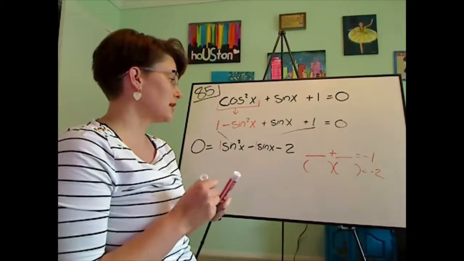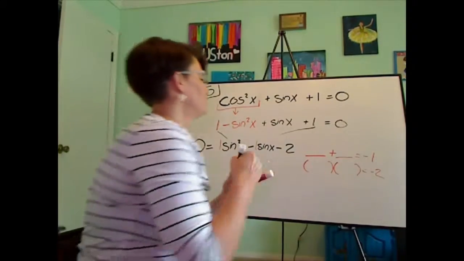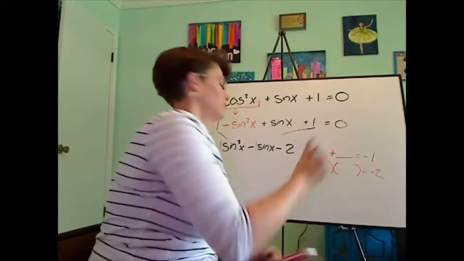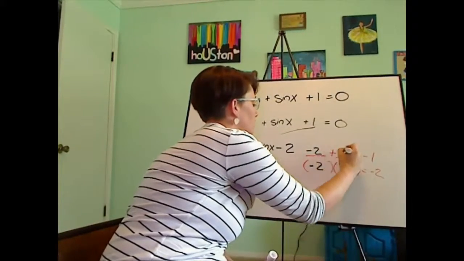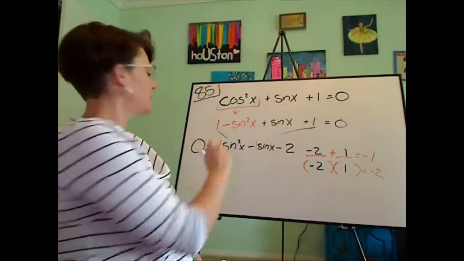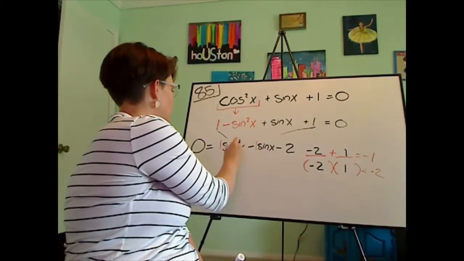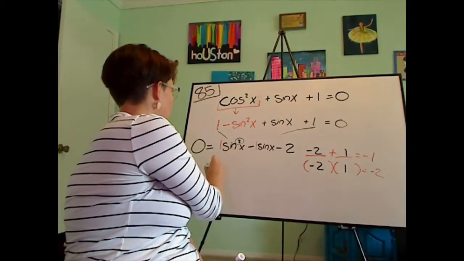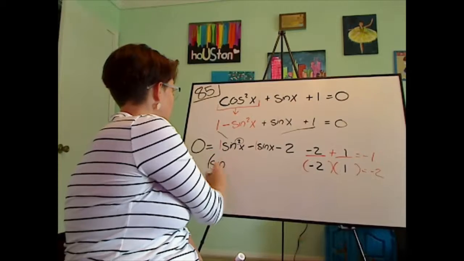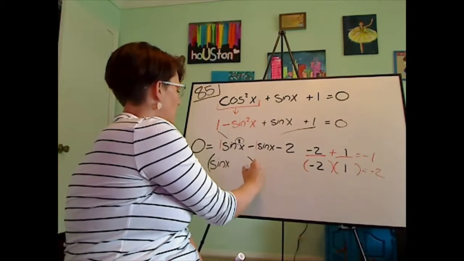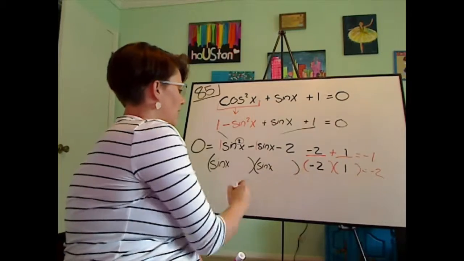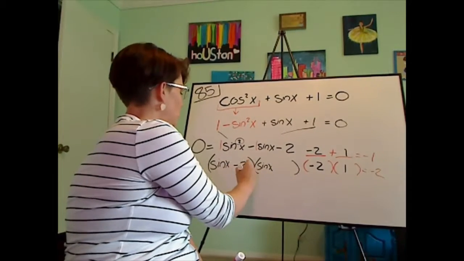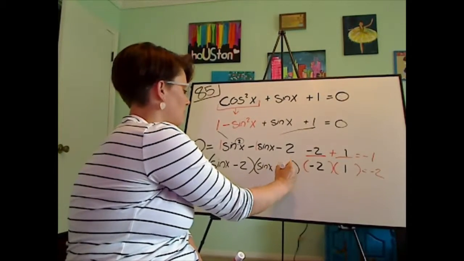So I'm thinking it's going to be negative 2 and positive 1. Like that. And so this sine squared, you're going to split into a sine in the first factor and a sine in the second factor. And then we're going to put in our minus 2 and our plus 1.